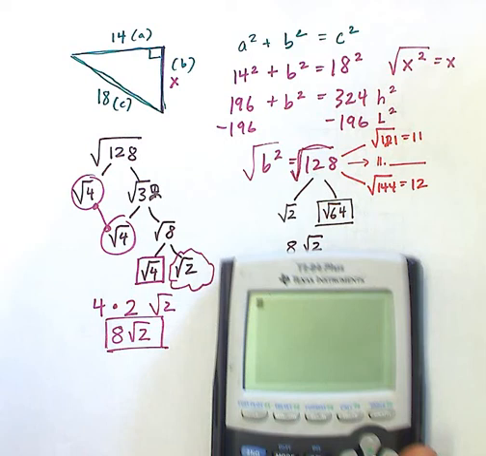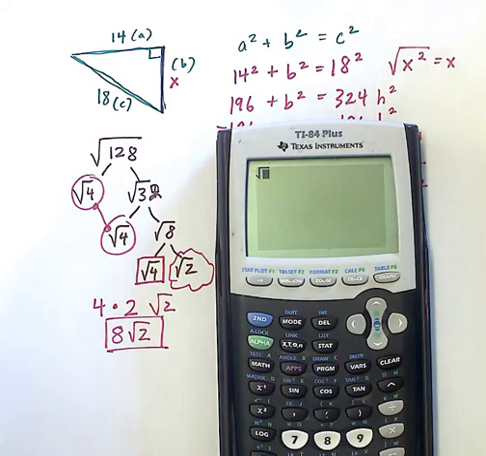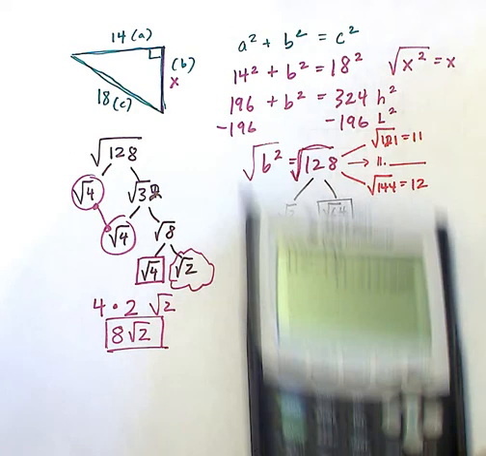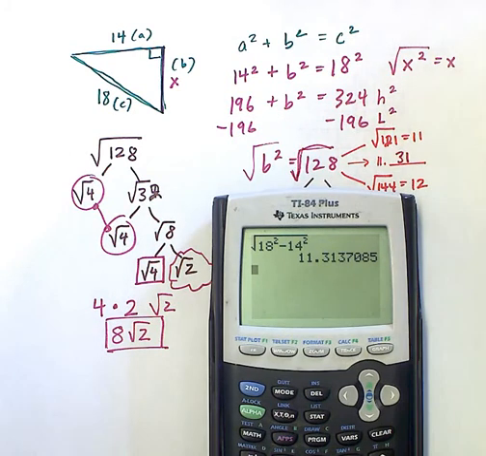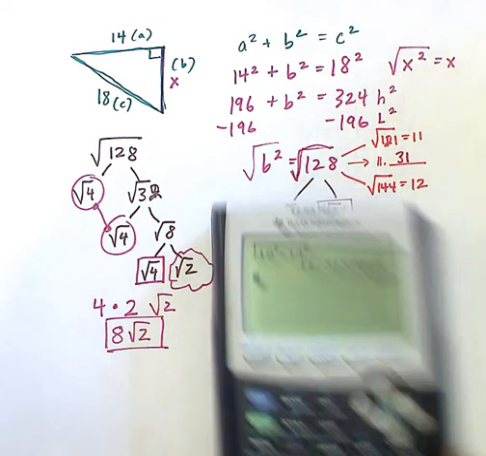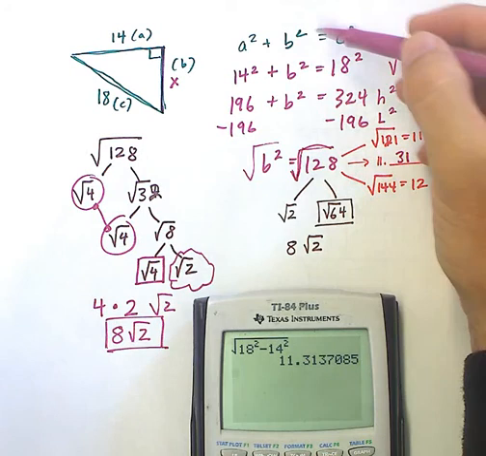So I could just take the square root of the hypotenuse squared minus the leg squared and get a result of 11.31 here. And that's how that fits in with just using the calculator, not having to take yourself through this.